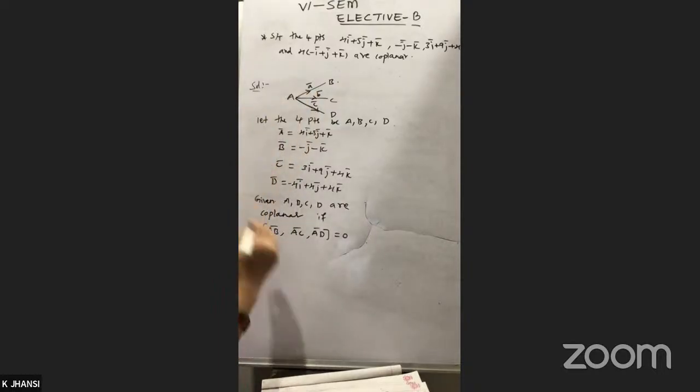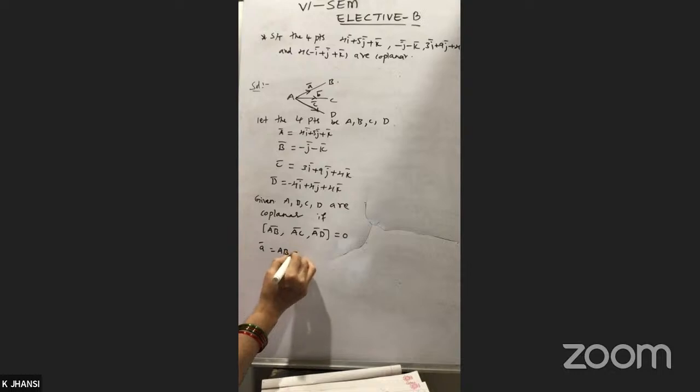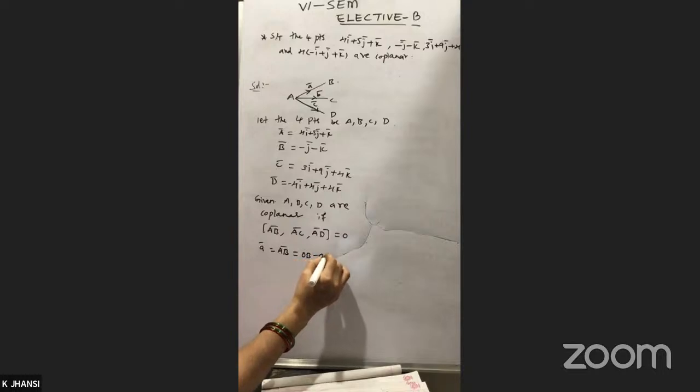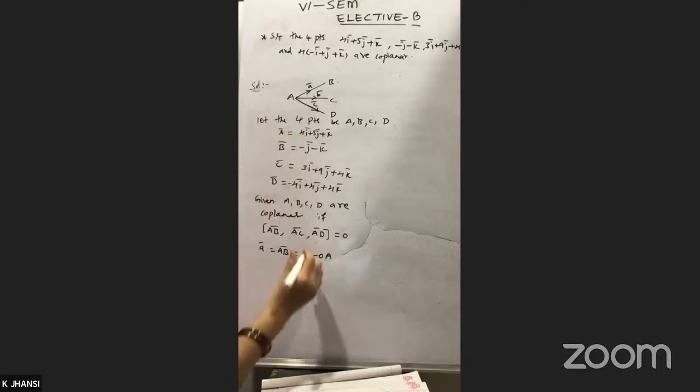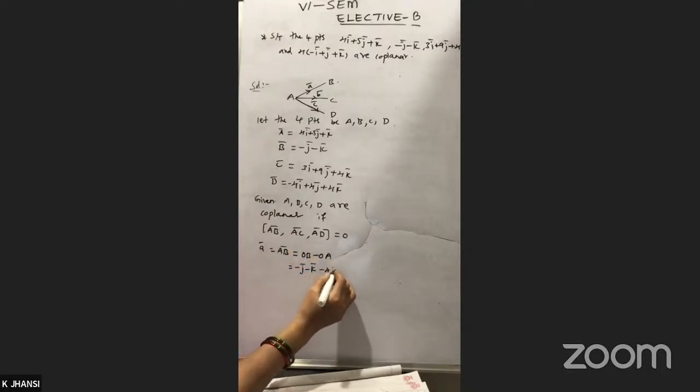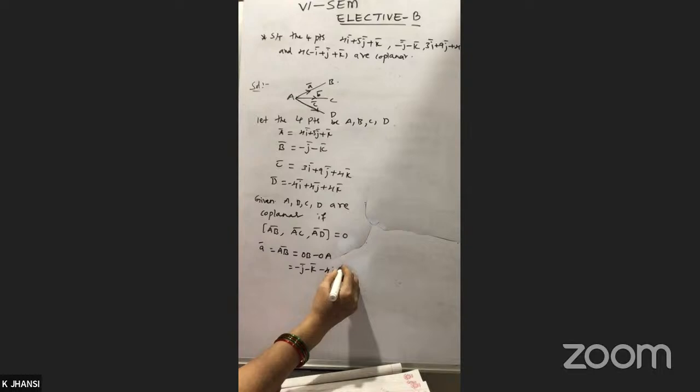It is AB. AB equals OB minus OA, so that means B minus A also we can write. B is -j - k and minus A is -4i - 5j - k.